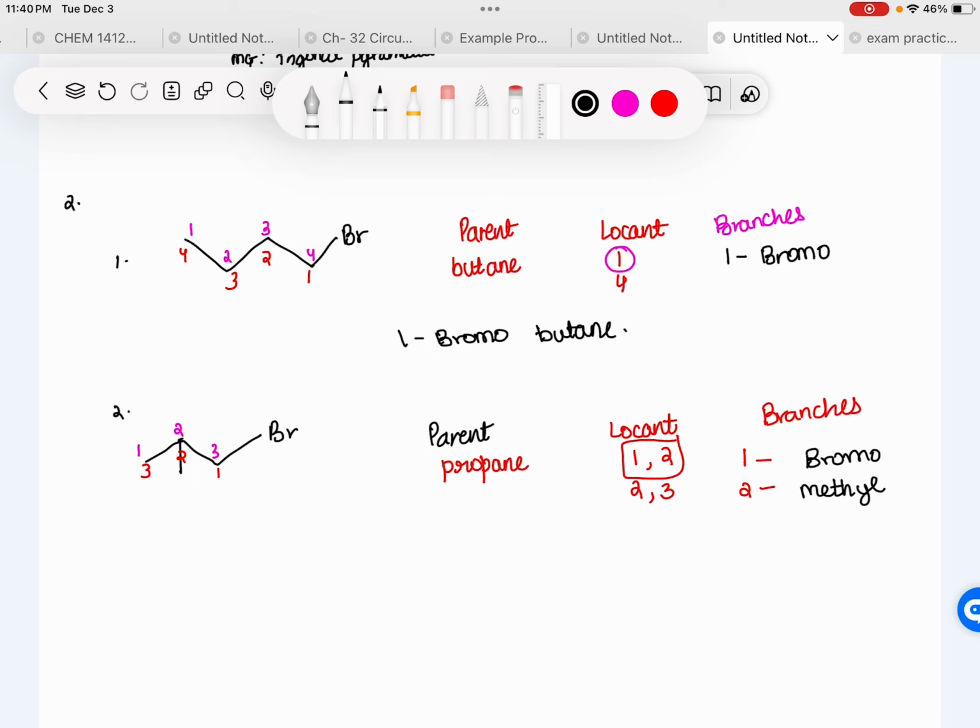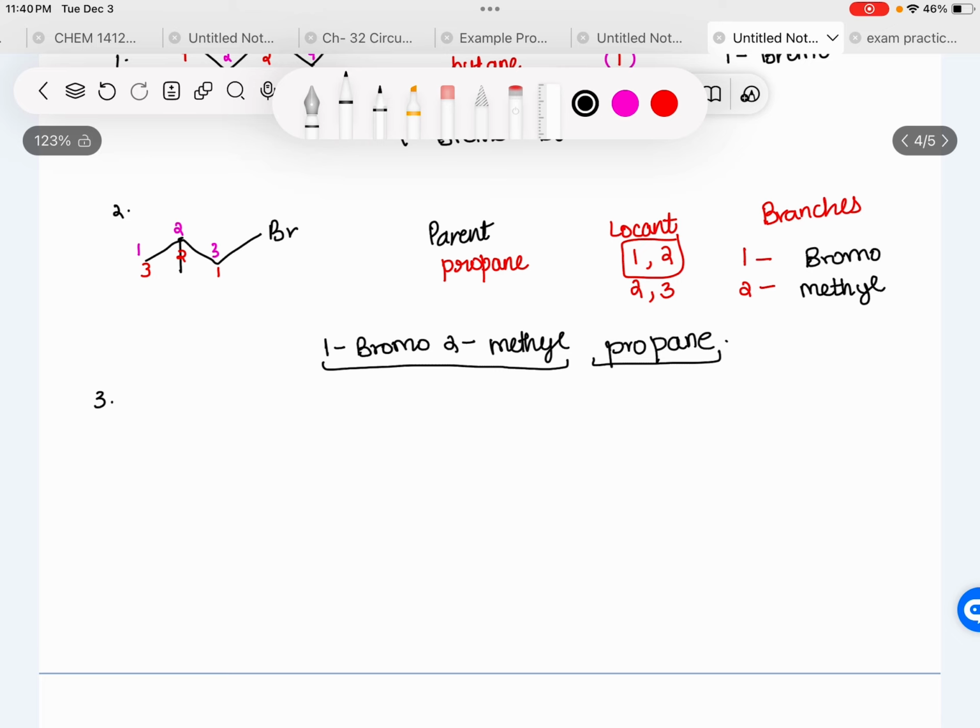Since we're supposed to go alphabetical order, the bromo will be first. Next, the methyl, and then the parent suffix. This is the locant prefix, and this is the parent suffix.